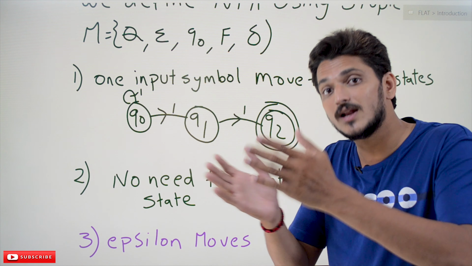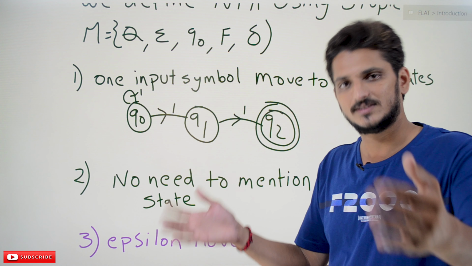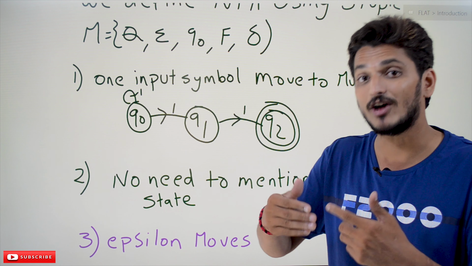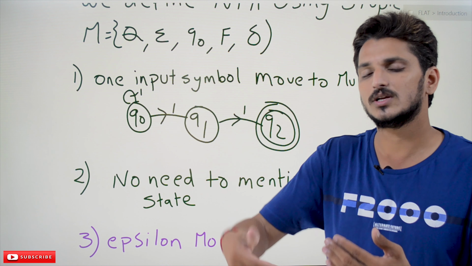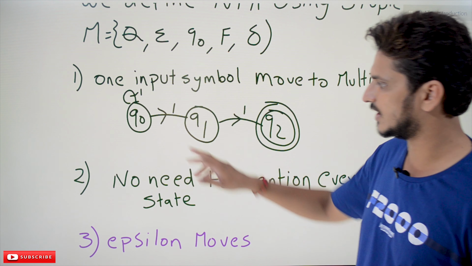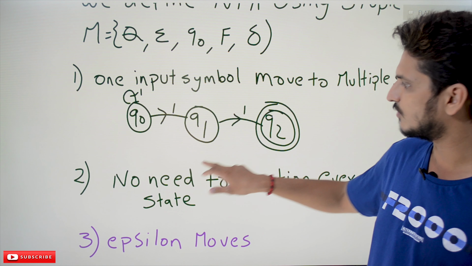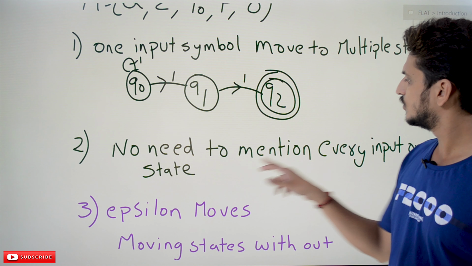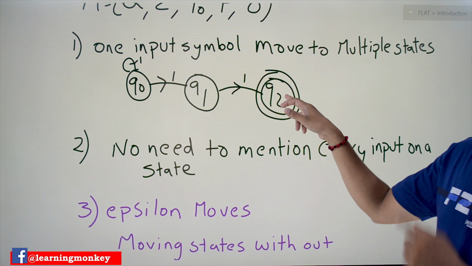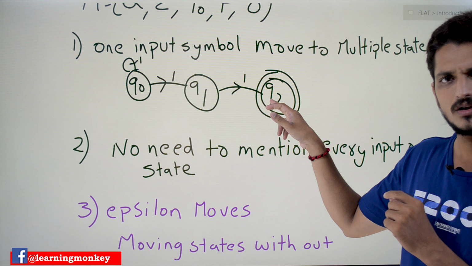It is parallel execution. The same way, NFA with epsilon moves is also an NFA, but with one extra condition. What is that condition? Epsilon moves. First, let's understand the second condition followed by NFA. No need to mention every input on a state. If you take the state Q2, did we mention the inputs 0 and 1? No, we did not.